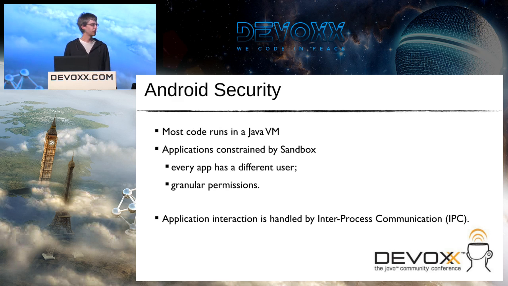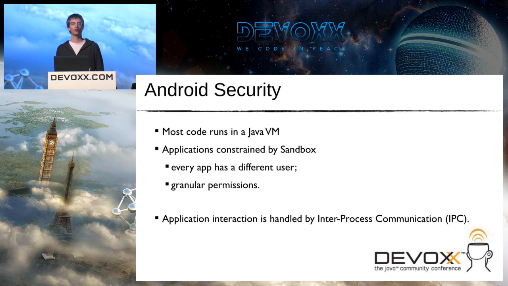So, the security model on Android is actually pretty good compared to other mobile devices out there at the moment. It's Java, so most of your code runs in a Java virtual machine, which protects you from the normal kind of issues you get writing native code, such as buffer overflow vulnerabilities.